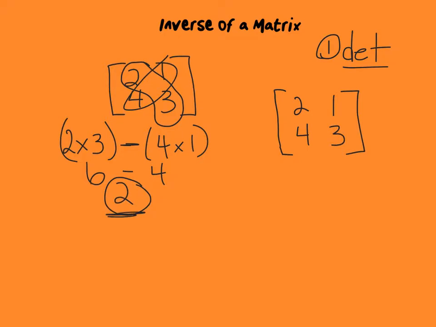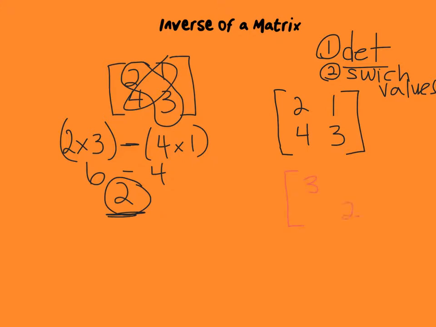The second step, I would say, is to switch values. You're going to see what I mean by that. Switch your values inside your matrices. What you're going to do is interchange the first and the last, 3 and 2.